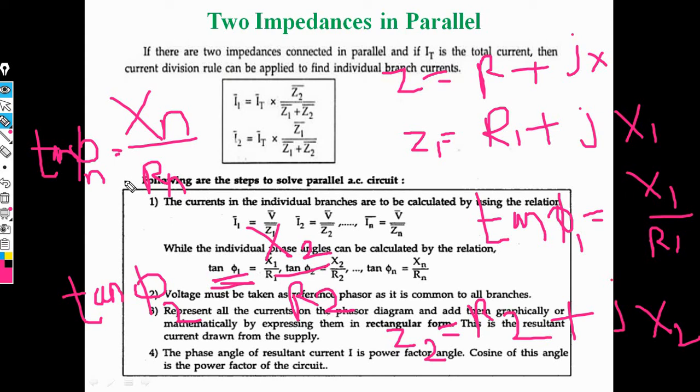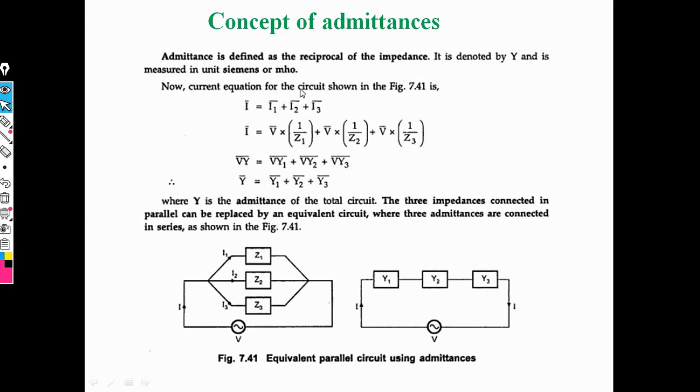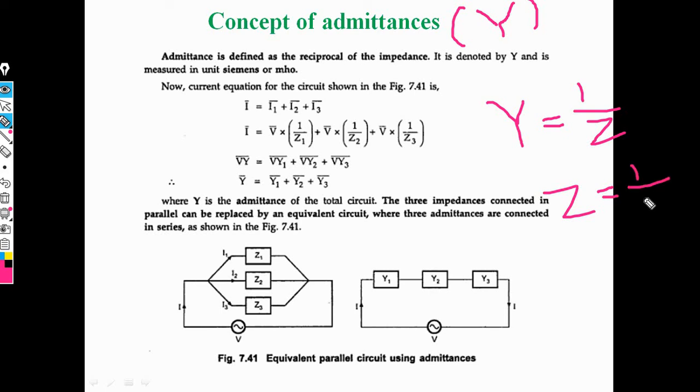Now the last point in unit number 3 is admittance. That is the concept of admittance. What is the definition of admittance? The symbol of admittance is capital Y, and admittance is the reciprocal of impedance. That is Y is equal to 1 by Z, and Z is equal to 1 upon Y. Here Z, impedance, is measured in ohm.